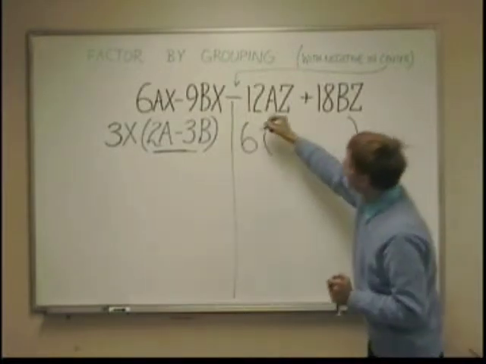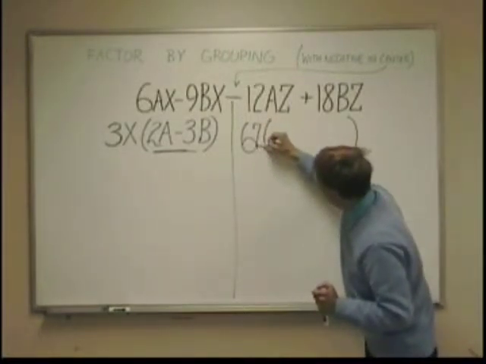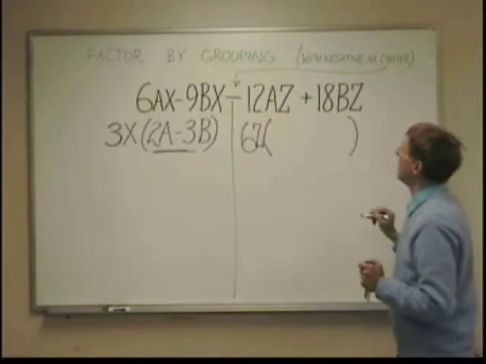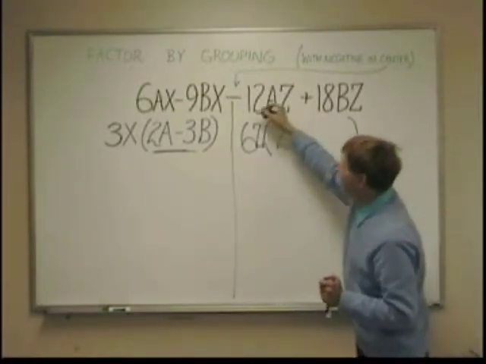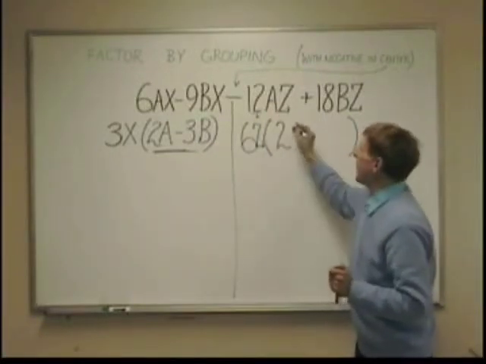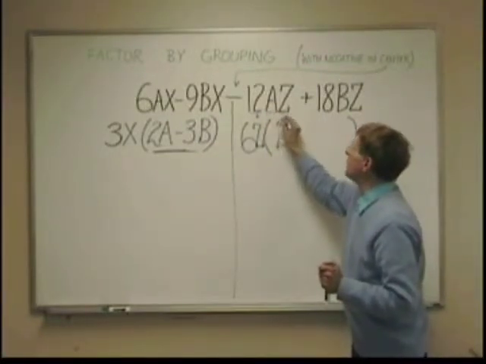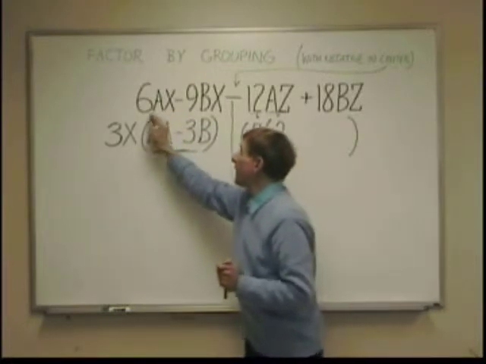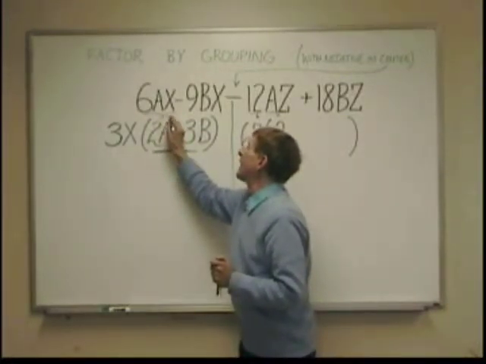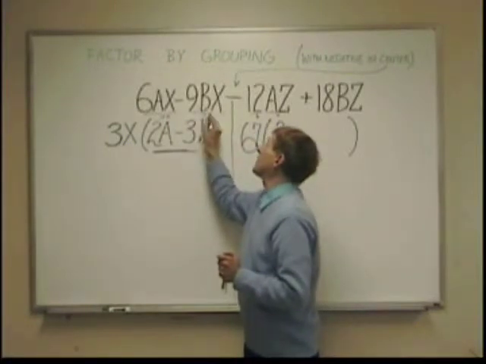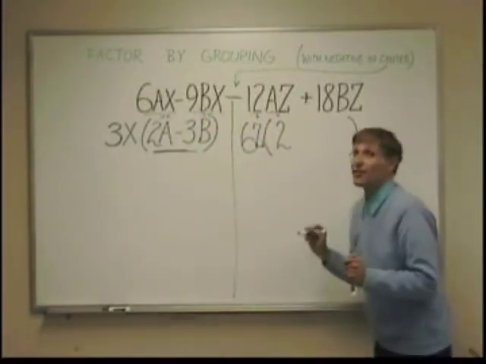And also there's a z in both sides, so the 6z comes out, leaving me with 12 divided by 6, because remember, when you factor, you're dividing out what you pulled outside. As I would have done here, I pull out the 3x from both sides, so you're dividing that out to get the insides.